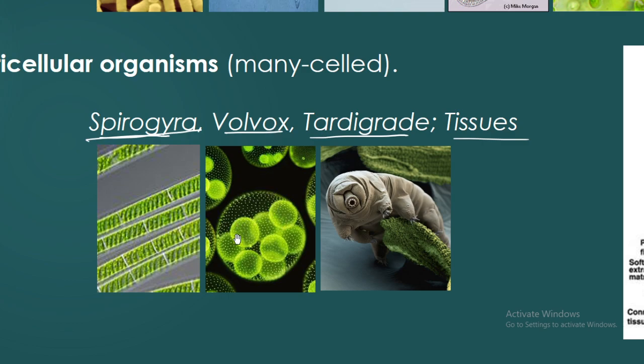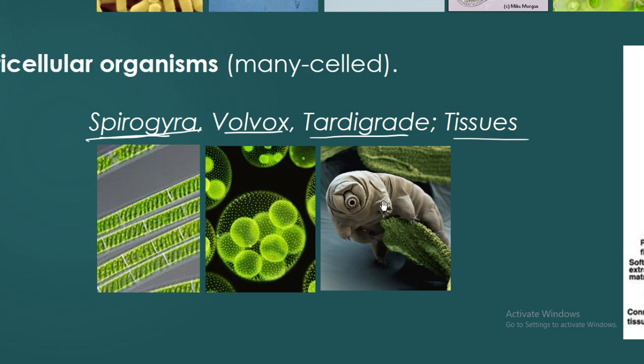Similarly, here Volvox. All of these we can observe in pond water, a little bit dirty water. In most places we will be able to observe these; they are green, photosynthetic, and they will be able to do photosynthesis. Tardigrades, these are not plants, these are animals.